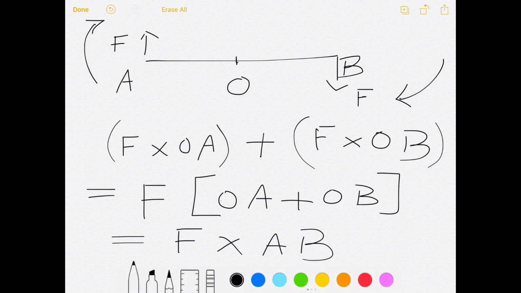So if you want to find the moment of a couple, it is equal to either force, let us call it either force because it is the same at both the ends, multiplied by the perpendicular distance between the two forces. So in simple words, the moment of a couple is equal to the product of either force and the perpendicular distance between the lines of action of both the forces.